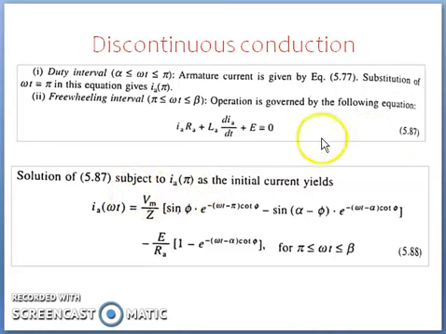The solution to this equation, taking Ia of pi as the initial current, gives the equation of Ia(omega t) as Vm by Z, this term, minus E by Ra, this second term.